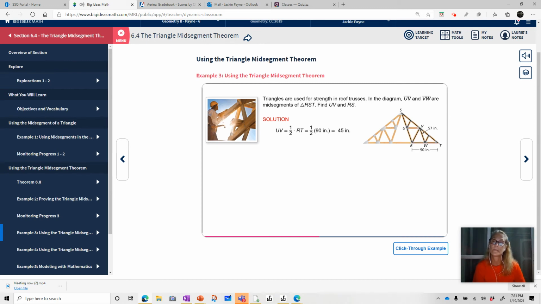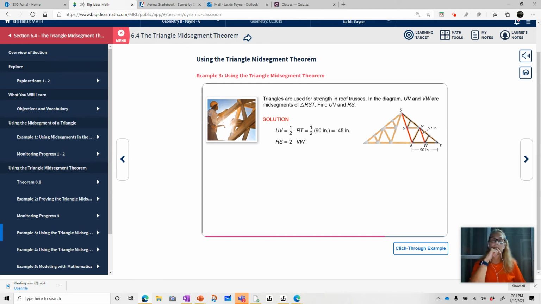To find RS, locate segment RS in the diagram. You were told segment VW is a midsegment of triangle RST. In the diagram, you can see segment VW is the midsegment opposite segment RS. So by the triangle midsegment theorem, VW is equal to 1/2 times RS, or RS is equal to 2 times VW.